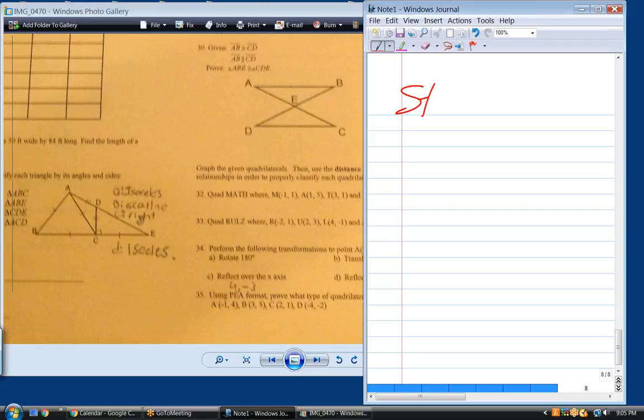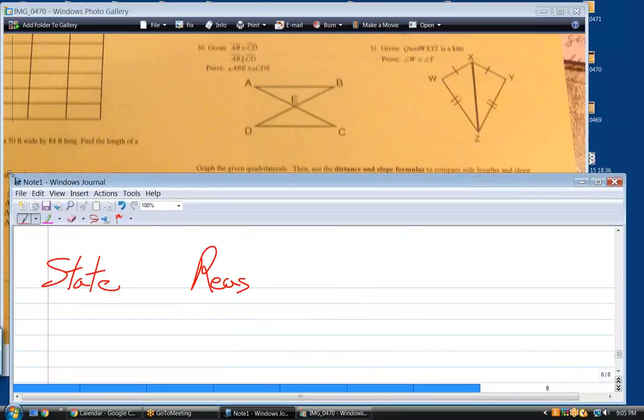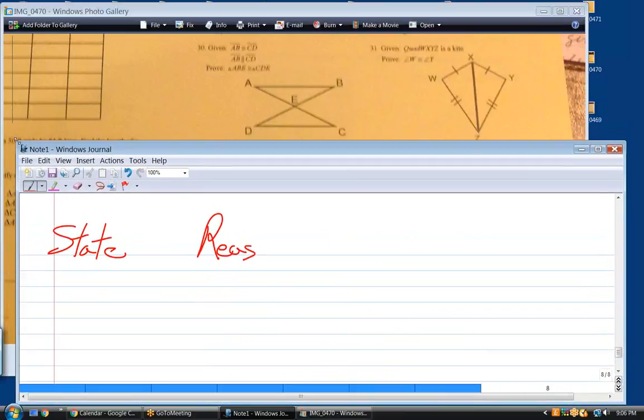So we have our statement, and we have our reason. Let me do it this way. What's the first statement? Well, that AB equals CD is given. All of the givens. I'll say congruent, okay.